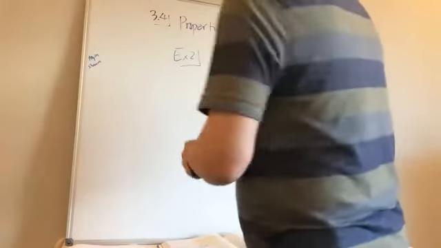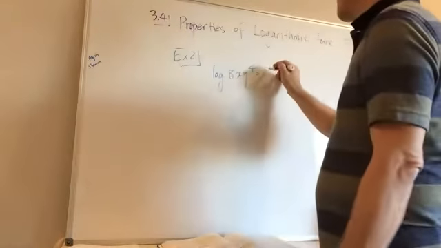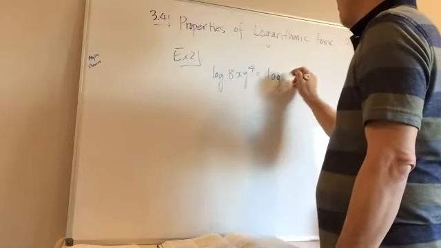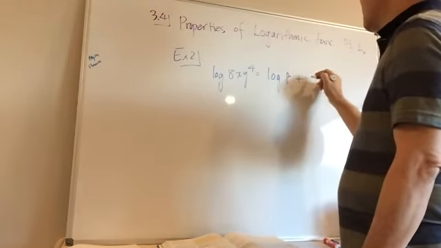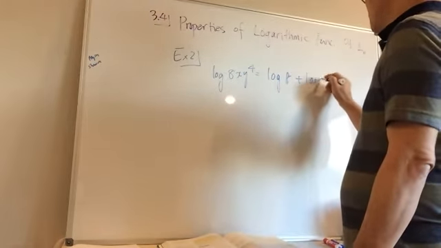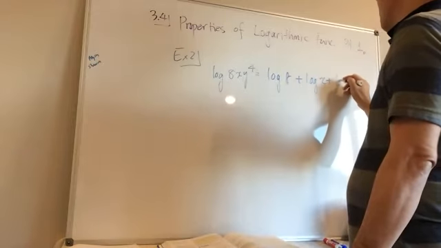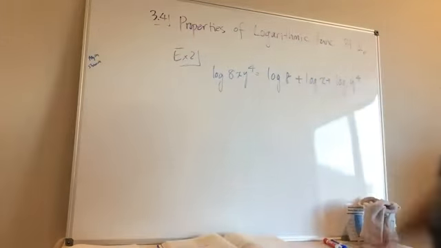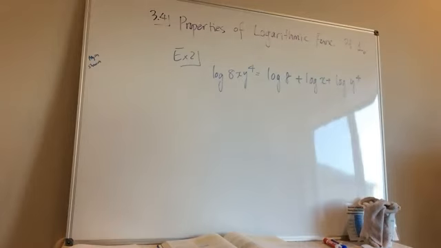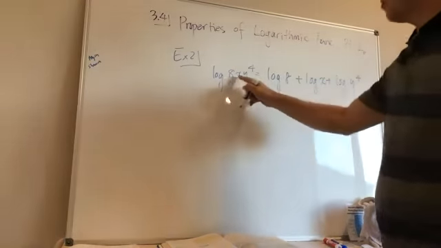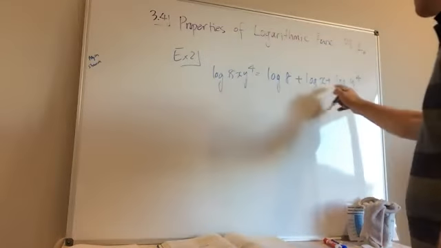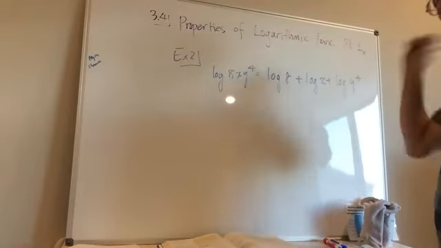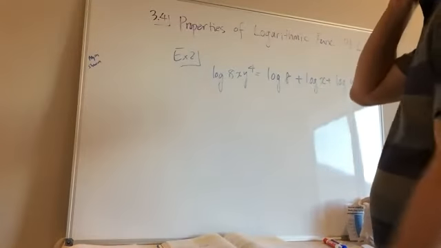Good work. So this is the same as log of 8 plus log of x plus log of y to the 4th. Everybody follow? Because they're all multiplied together, it's the same as adding the separate logs together. That was the first rule.